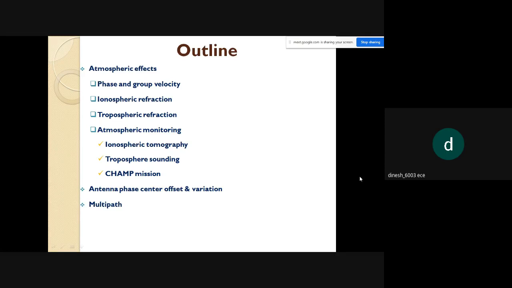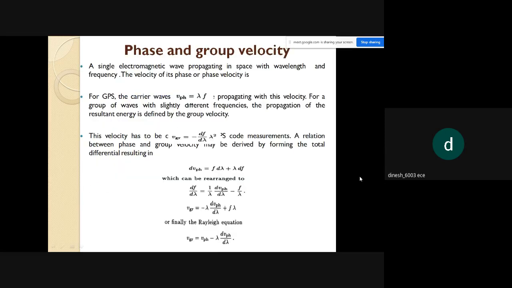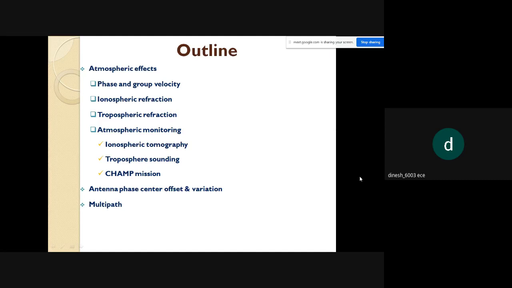So when we use a GPS receiver or a GPS system, what are the factors to be considered while designing and eliminating them during the retrieval process? That is what this unit deals with. To determine the phase and group velocity, we should be familiar with the first parameter, called phase and group velocity, which comes under atmospheric effects.